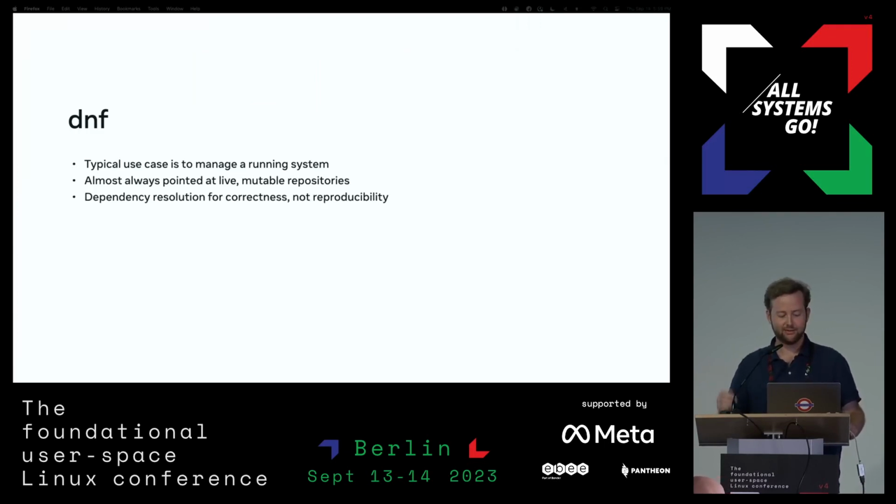DNF does dependency resolution for correctness, like satisfying all the dependencies that are there, not necessarily going to resolve the same set of installed packages in the same way every time if you install them in a different order. And RPM scriptlets, not really a DNF problem, but a problem with RPM, they can do whatever they want. They're just shell scripts, right?